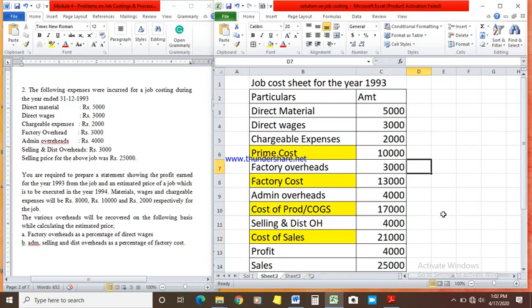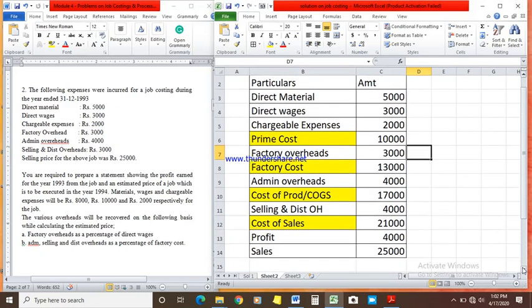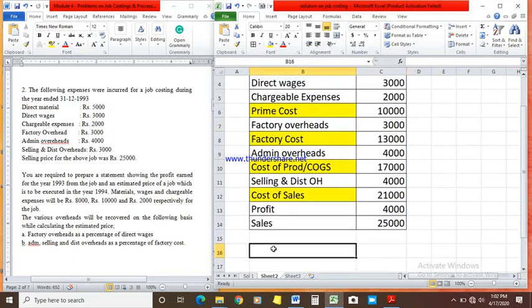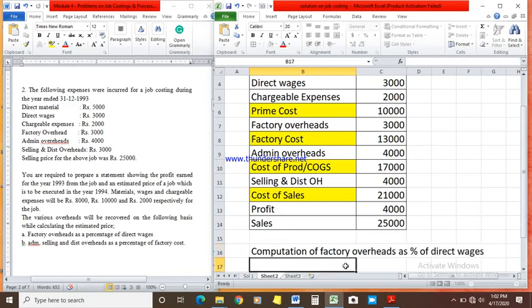So I'll write here as a working note: computation of factory overheads as a percentage of direct wages. The factory overhead given here is 3,000.